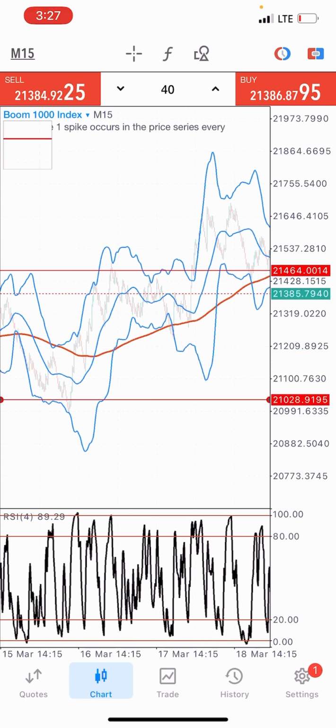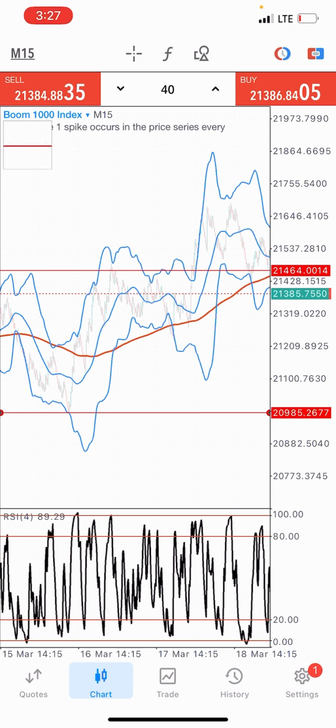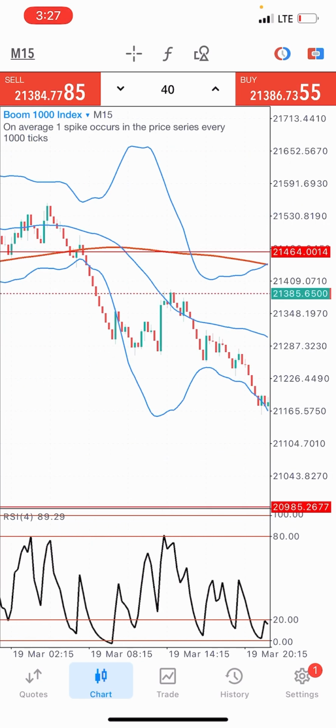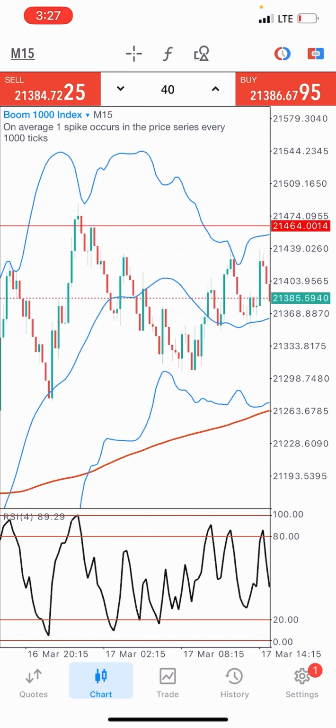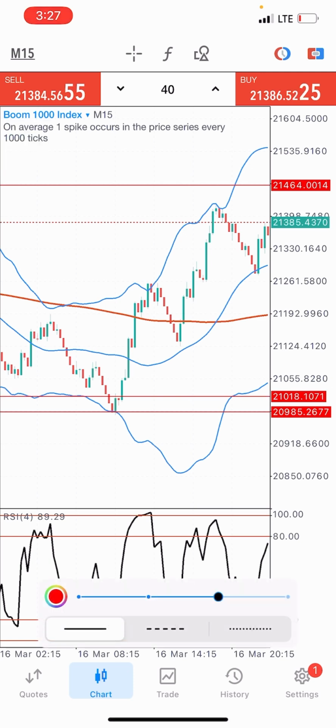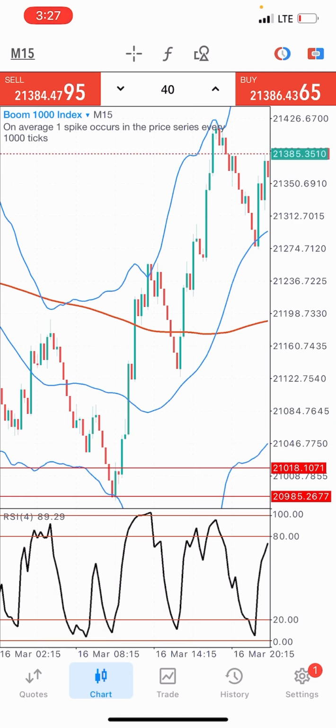So let's put this here and go back to this point. Now look at that. Remember I told you to put something like a box. Which means you're taking the last down candlestick on the 15 minutes time frame, and you move back to the current price. That's where we have the last down candlestick.